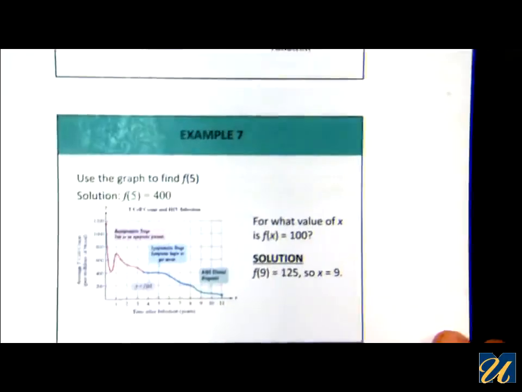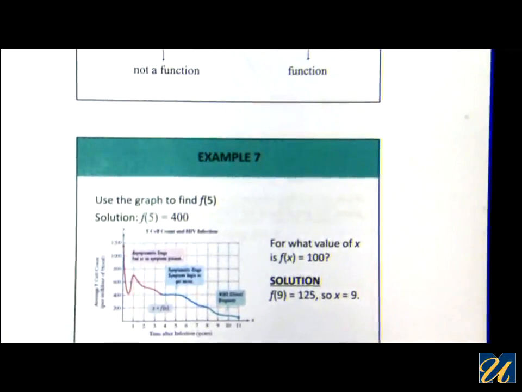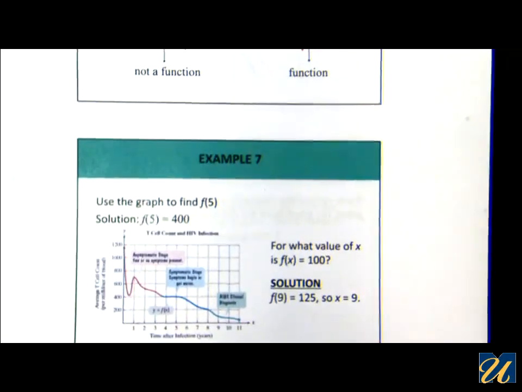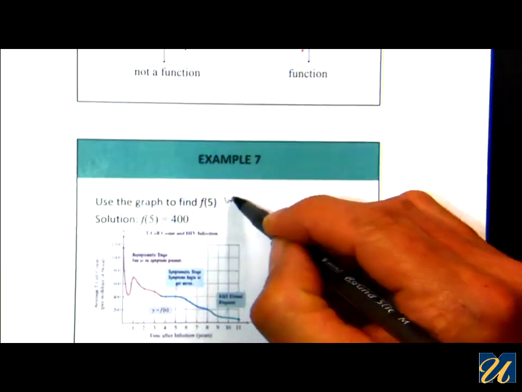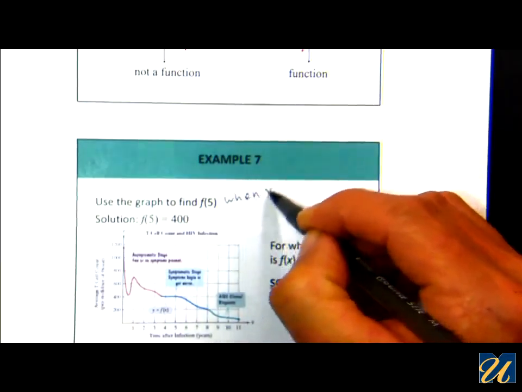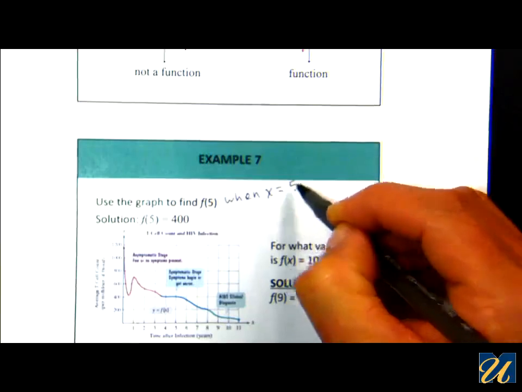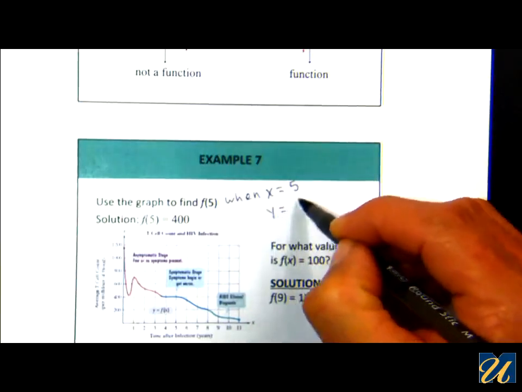Let's look at an application problem here. Example 7. Use the graph to find f of 5. Remember that f of 5 means when your input is 5, find the output value.